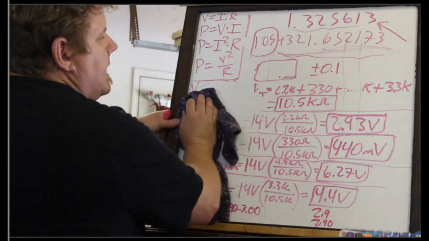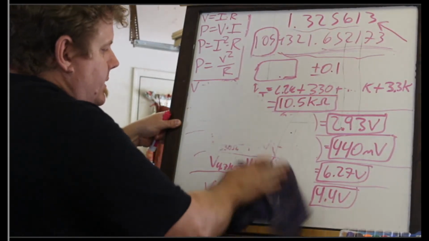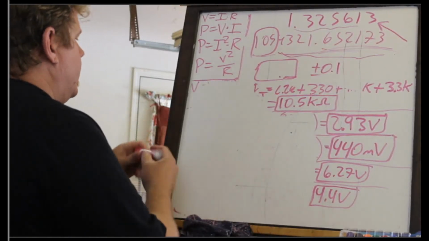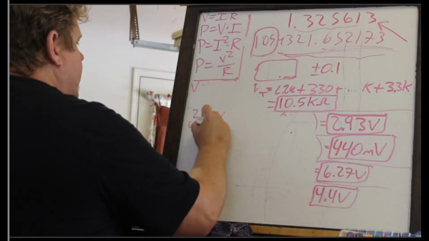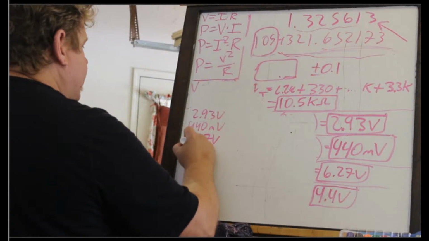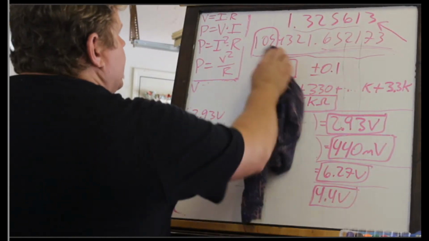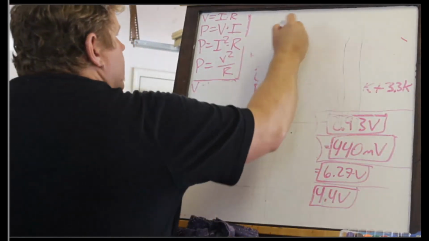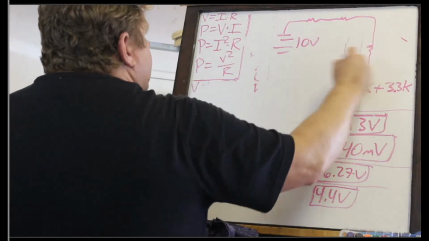I'm going to go ahead and, off to the side here, put these values. So the 2.93 volts, 440 millivolts, 6.27 volts, 4.4 volts. Okay. And now what I'm going to do is go back to that original circuit there, and we had 10 volts, 1, 2, 3, 4.